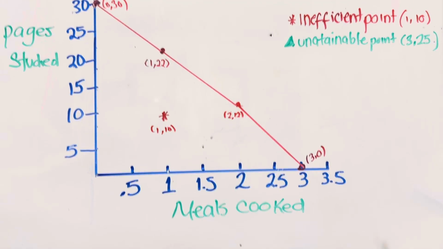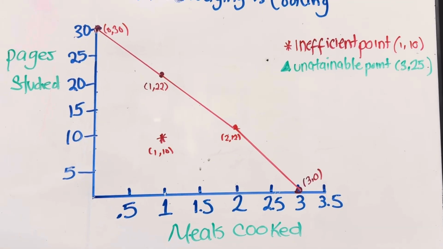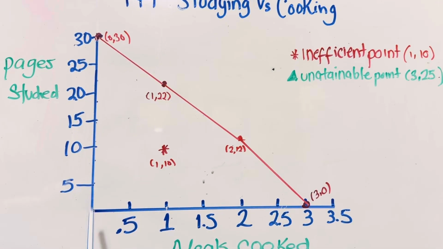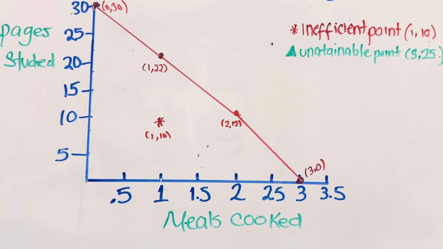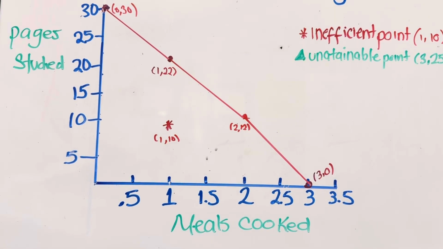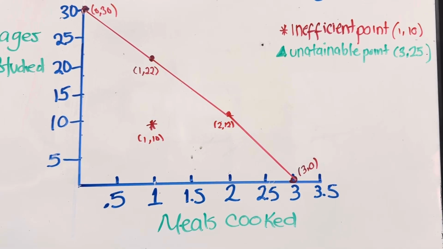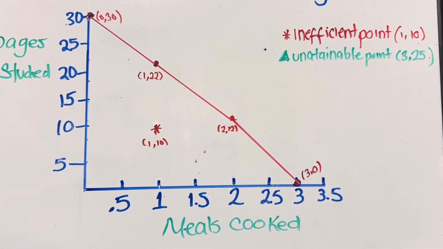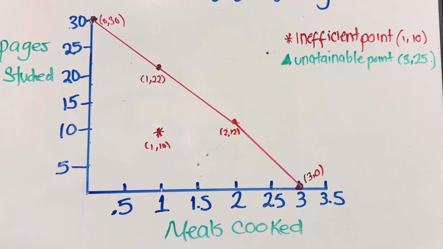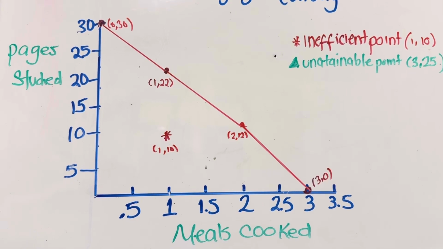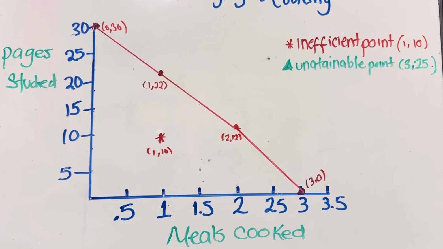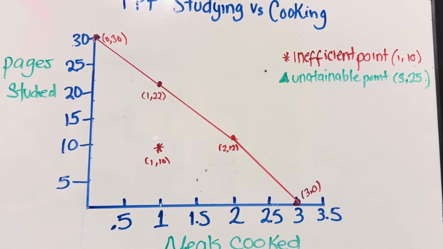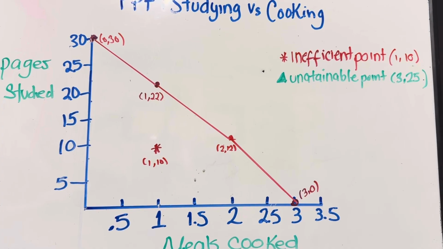The way that I can make it attainable is if I add more resources, like more time. Instead of 60 minutes, I can use 90 minutes. So that way, maybe I can attain this point. The other way is maximizing my resources, which means I can have my vegetables or ingredients pre-chopped for when I'm going to prepare the meal.